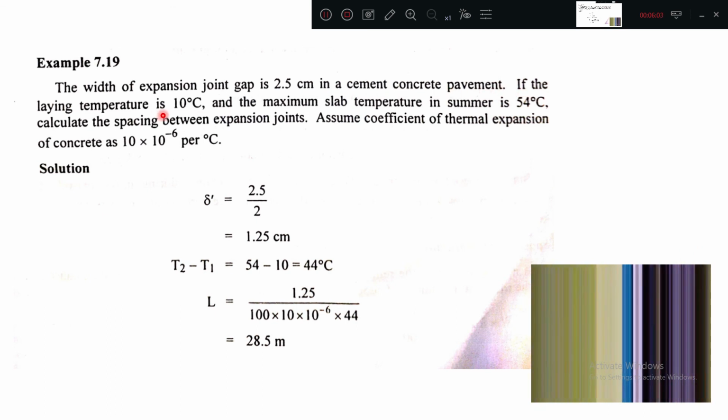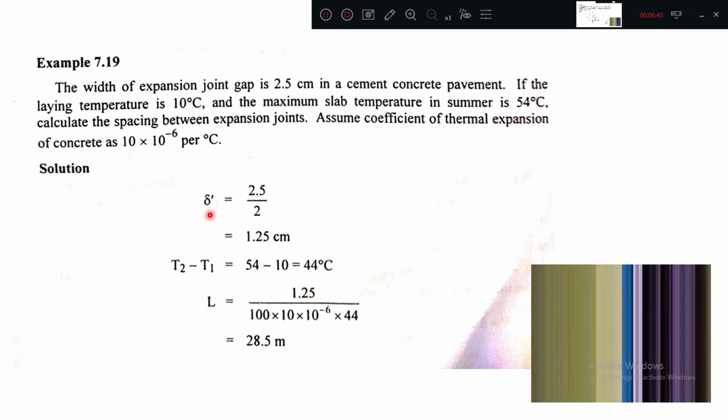If the laying temperature is 10 degrees Celsius, that is T1, and the maximum slab temperature in summer is 54 degrees Celsius, that is T2, calculate the spacing LE, the spacing between the expansion joints. Now assume the coefficient of thermal expansion of concrete, C, is 10 into 10 to the power minus 6 per degree Celsius. Some values are generally given in the exam. Otherwise, you should remember some standard values, like this value of C.